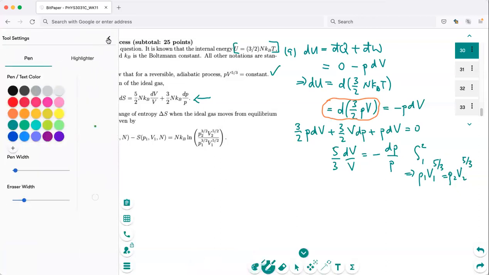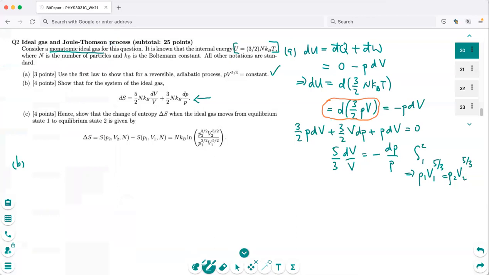Okay, so let's look at question 2. Question 2, you're asked to find the entropy change. So again, I will just first write everything down for you.